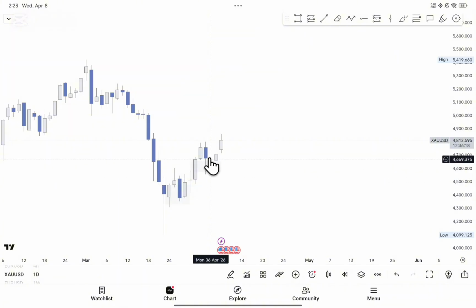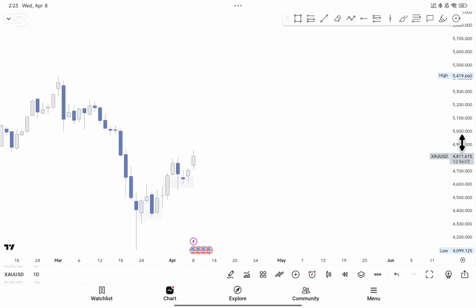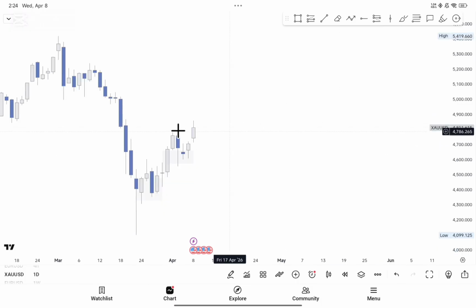At the same time, it was failing to move above, and we have this bearish fair value gap from which it has been reacting. So yeah, it is what it is. My focus should be on the current price, not on what happened before. That's it.